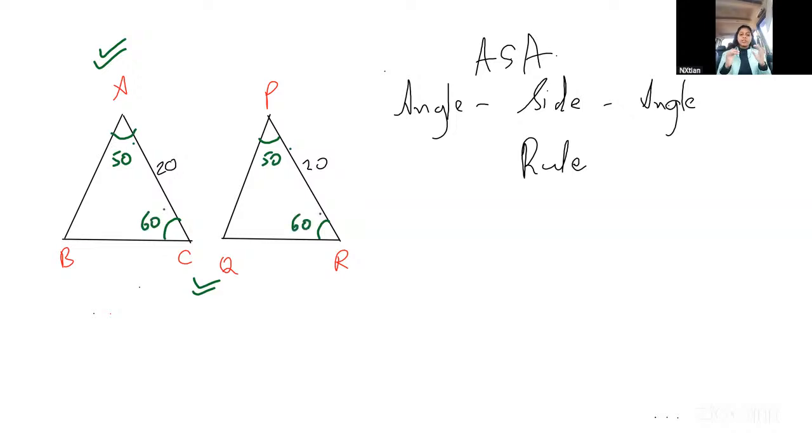The angles are equal and the side is also equal: two angles and one side between them. That means this triangle will exactly overlap the first triangle.